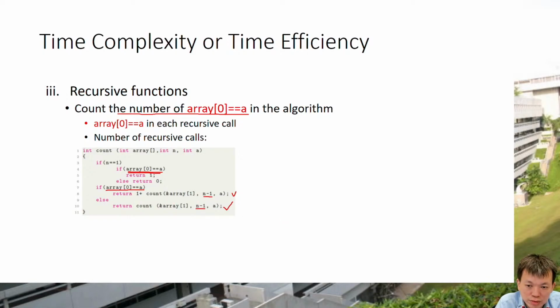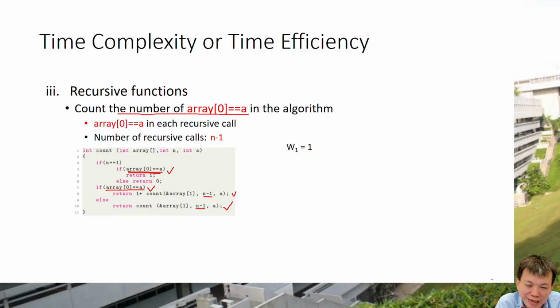So how many recursive calls? Same as the previous one, I will run n minus 1 recursive calls. And then each recursive call will do one comparison, and the last one will do the same comparison one more time. So in total, it is n times.